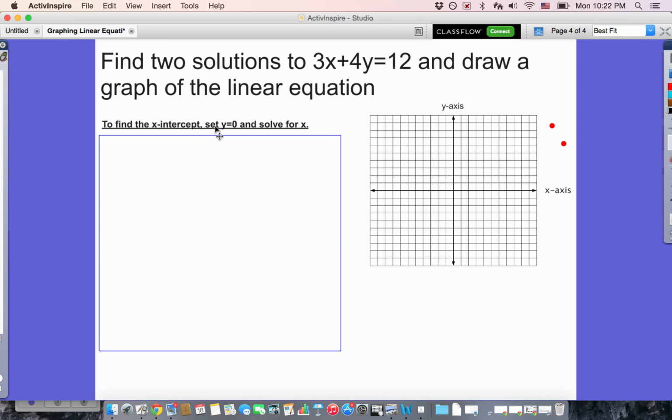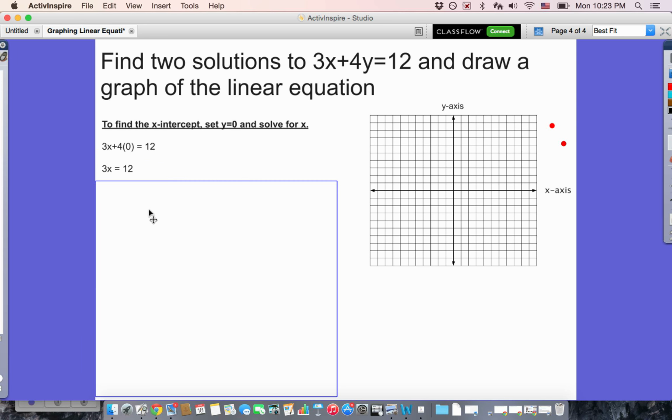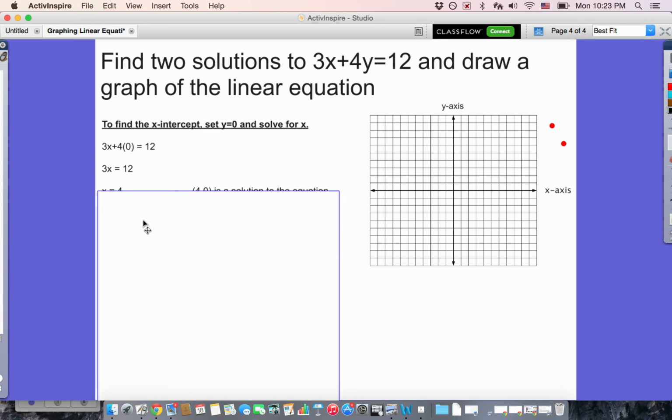So we set y equal to 0 and solve for x. Here I have 3x plus 4 times 0 equals 12, so 3x equals 12. So x is going to be 4. When y is 0, x is 4, so 4, 0 is a solution to my equation. That's one of my solutions.